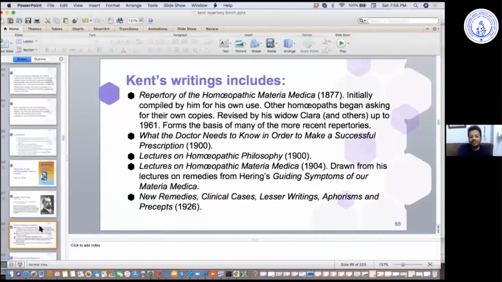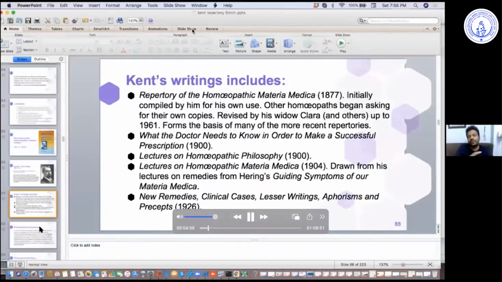That's why in a lot of Kent's writings, in his philosophies, in his Materia Medica, you would often see a lot of importance given to mind symptoms, to their will, their mind, their mental state. I believe that comes from his stint with Emanuel Swedenborg.